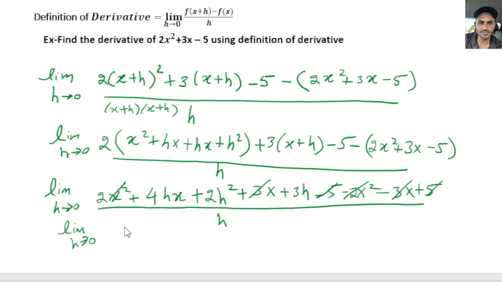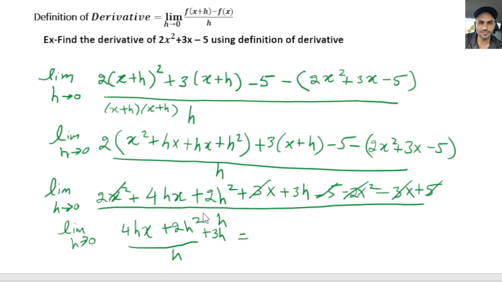We're left with 4hx and hx plus 2h squared plus 3h, divided by h.